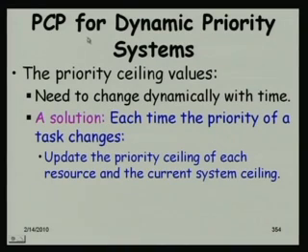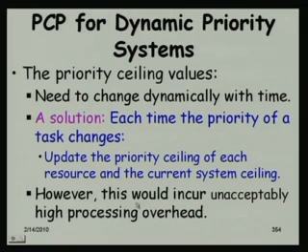See, if we have to use a protocol like priority ceiling protocol, we will have to compute the priority ceiling value for every resource, and we know that the virtual priority of a task keeps on changing, and we have to update the ceiling for each resource and also the current system ceiling.